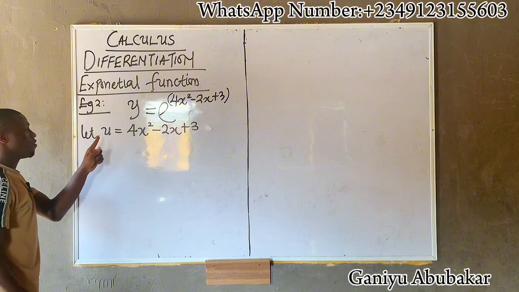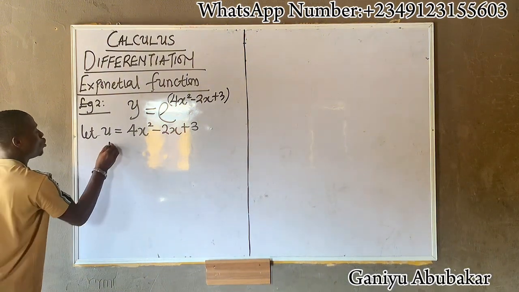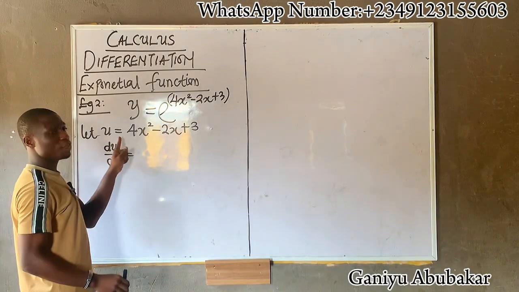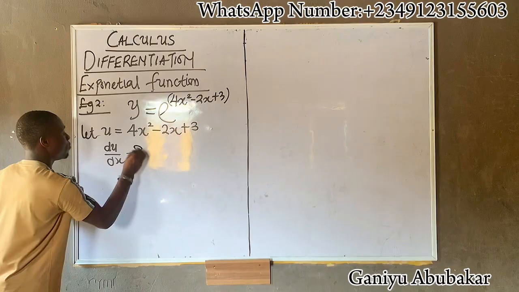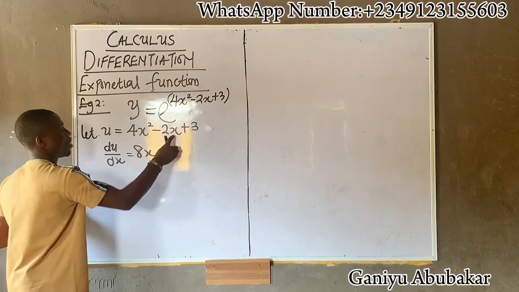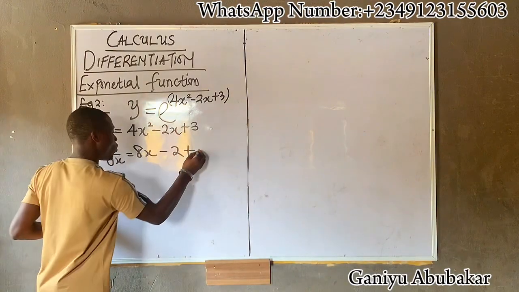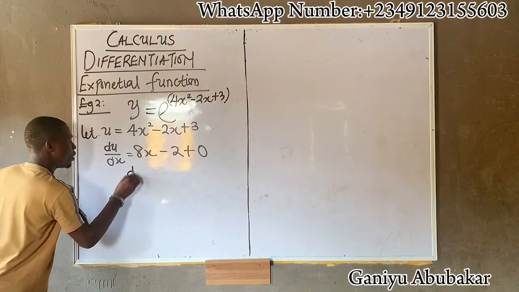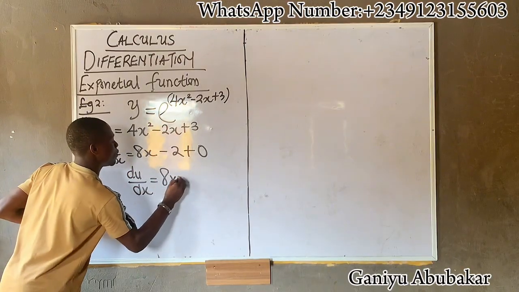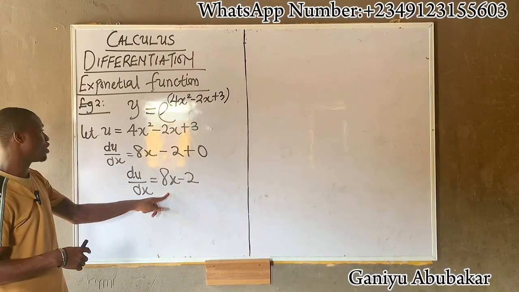From here, du over dx is equal to, differentiate 4x squared, I'll have 8x, minus, differentiate 2x, I'll have 2, plus, differentiate a constant term, of course, is 0. So du over dx is equal to 8x minus 2.